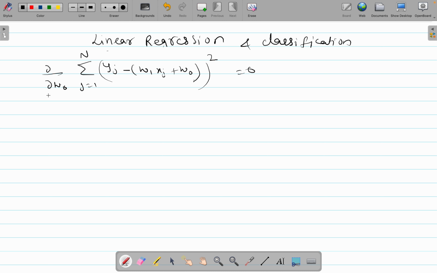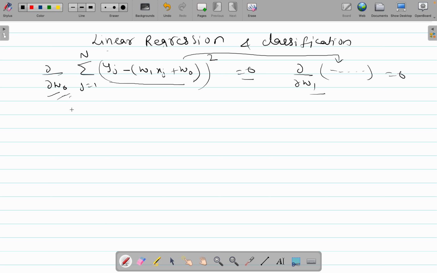As soon as I differentiate it and equate it with 0, I'll get the minimum w's, like minimum losses. This was my loss function, and this is what we are trying to minimize. Firstly with w0 and then w1, the same thing is equal to 0. This is what we are supposed to do.